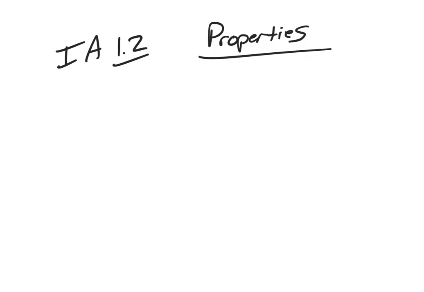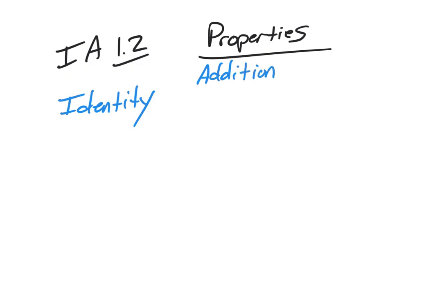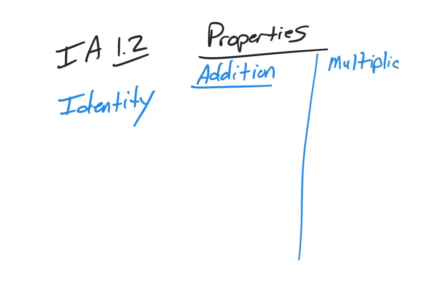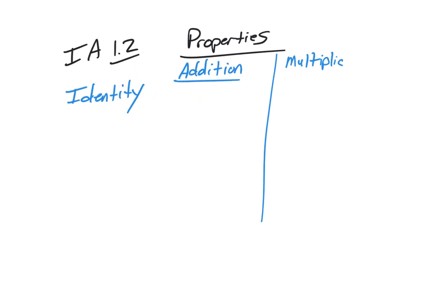I'm going to say the identity property, and some of these are for addition, and then some are for multiplication.